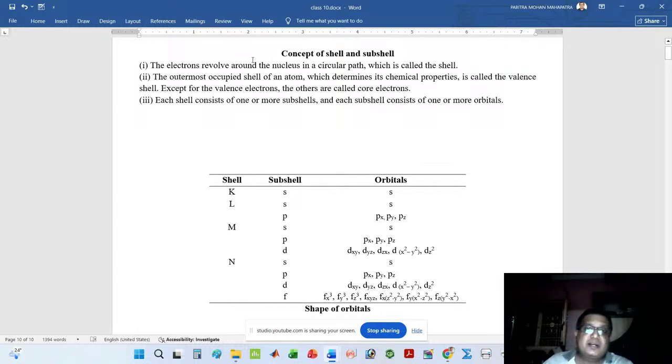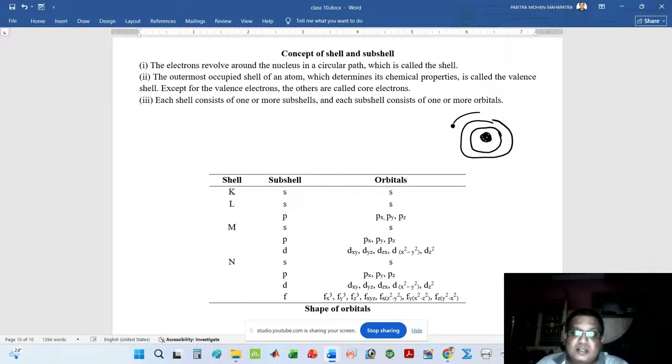Actually, what happens when we think about an atom? In the atom, at the center, the nucleus is present. Suppose this is your nucleus, then the shells are present in a spherical manner. But modern concepts say that the shells are spherical in nature, while old concepts say that shells are circular.